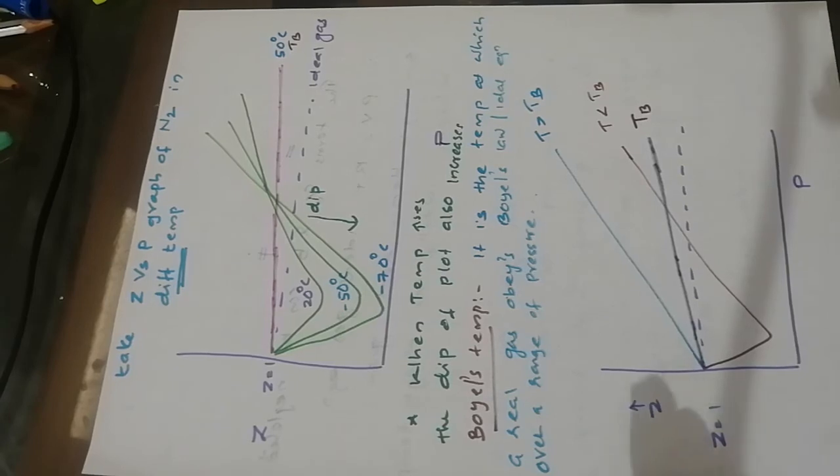That temperature is called the Boyle temperature. Therefore, in short, at the Boyle temperature, a real gas almost behaves as an ideal gas.